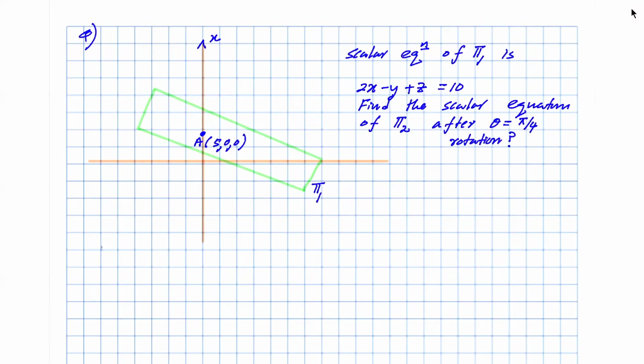So once you get the rotation, that rotation can be like this, and this is going to be theta. And the new plane is pi 2. So you need to find pi 2.